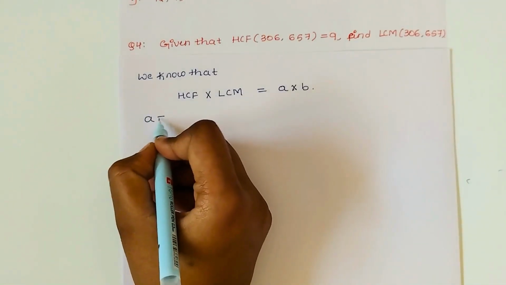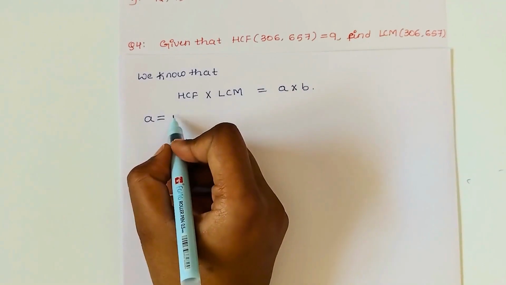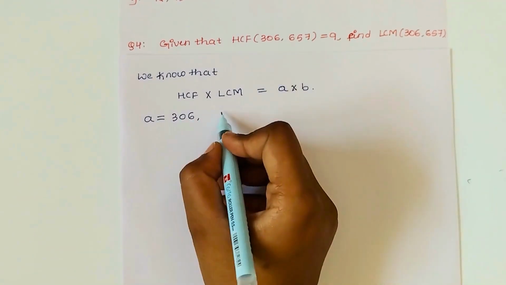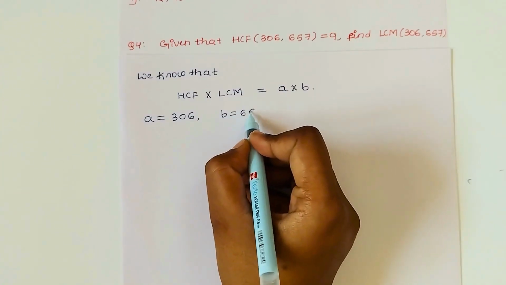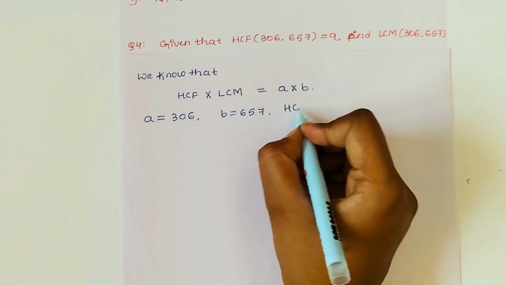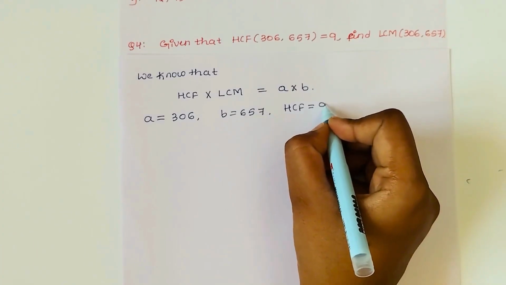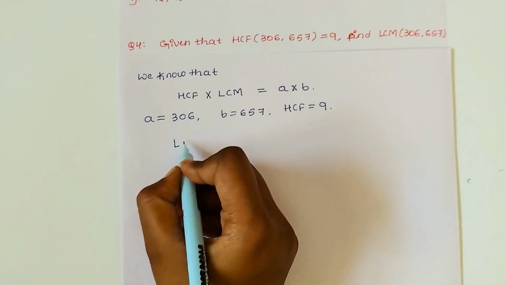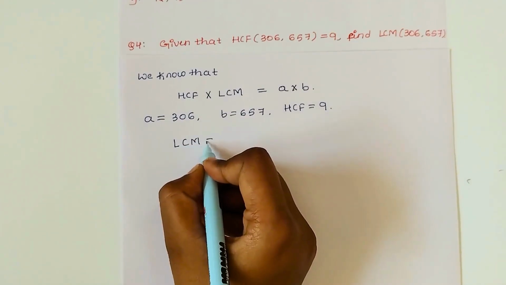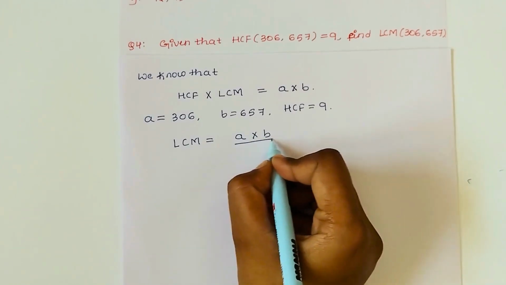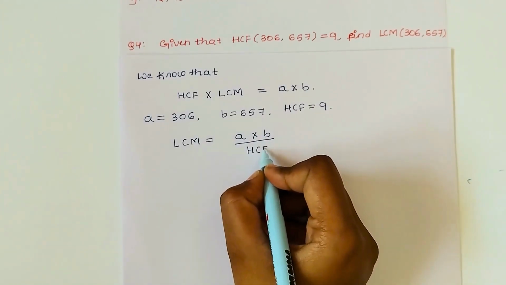So what is the value of A here? That is 306. And what is the value of B here? That is 657. What about HCF? HCF is given as 9. Now what do we want? We want LCM, so we just keep the LCM here only: A into B whole divided by HCF.